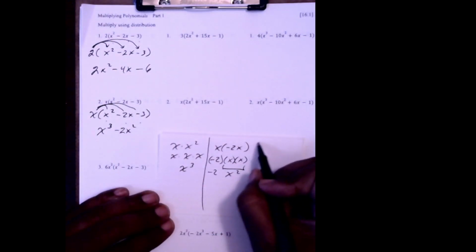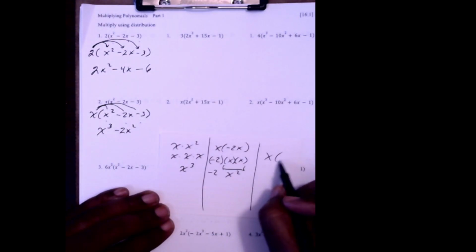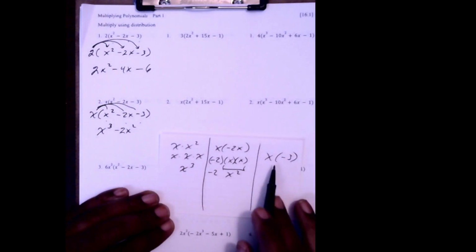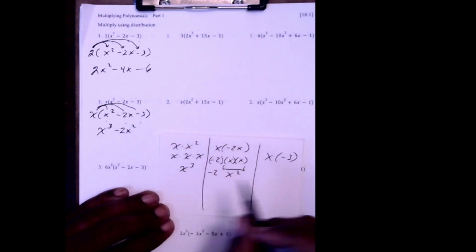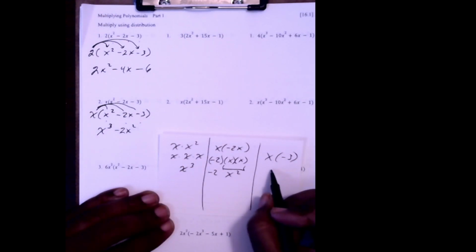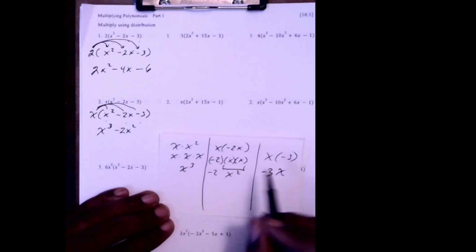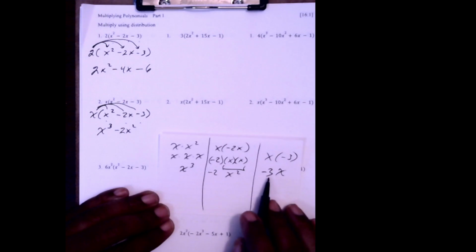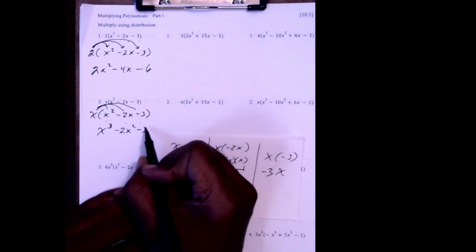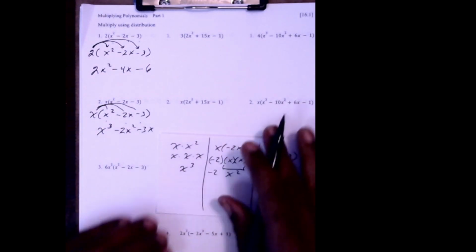And finally, when you multiply an x times a negative 3, we can rewrite that as a negative 3 multiplied with an x, just to make sure this looks like a coefficient and an x. So negative 3x, and we're done.